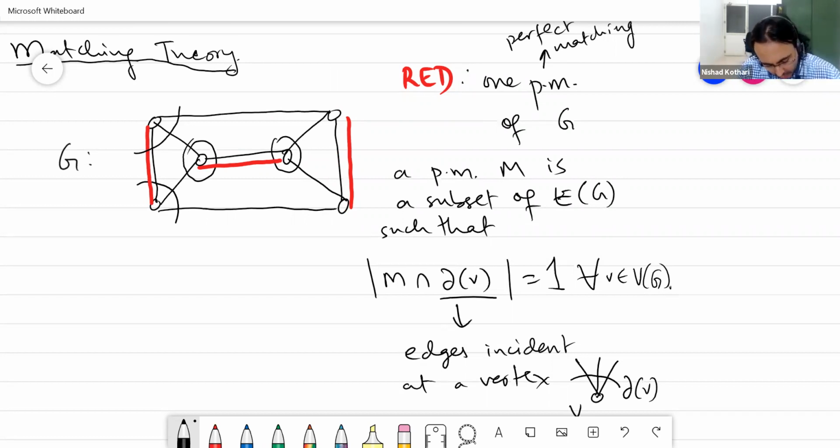Perfect matchings have been studied extensively in graph theory, and they have come up in various other areas of research, including economics, statistical mechanics in physics, organic chemistry, game theory, and many areas of computer science and operations research.